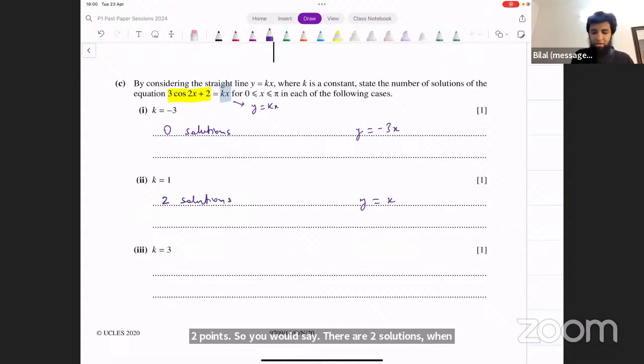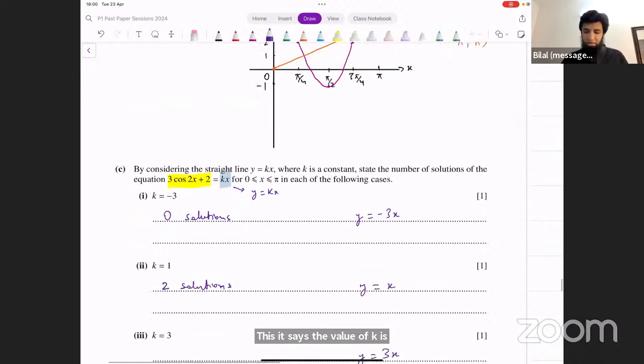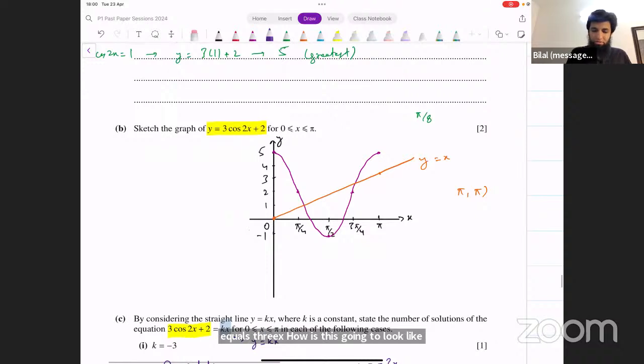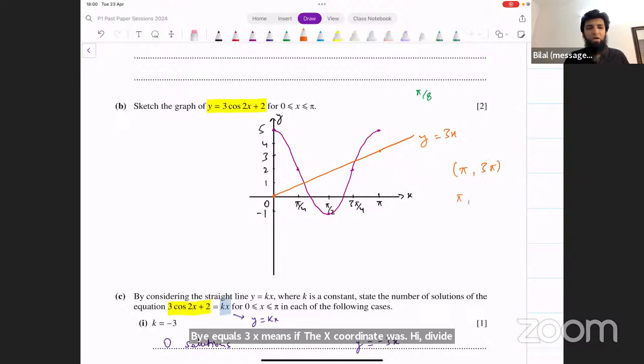And then finally, in the last case, it says the value of k is 3. So now the line is y equals 3x. How is this going to look like? Y equals 3x means if the x coordinate was pi, the y coordinate would become 3 pi. So that becomes pi and 3.14 into 3. 3.14 into 3, what's that? 9.42.